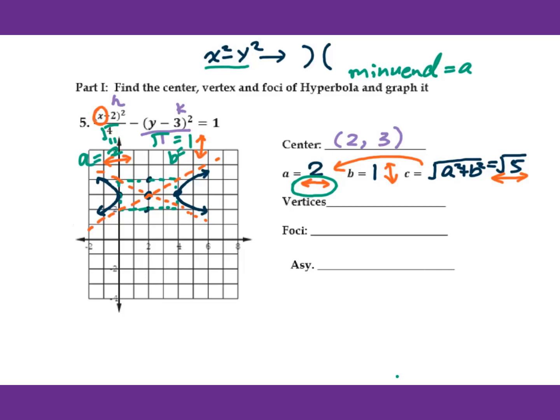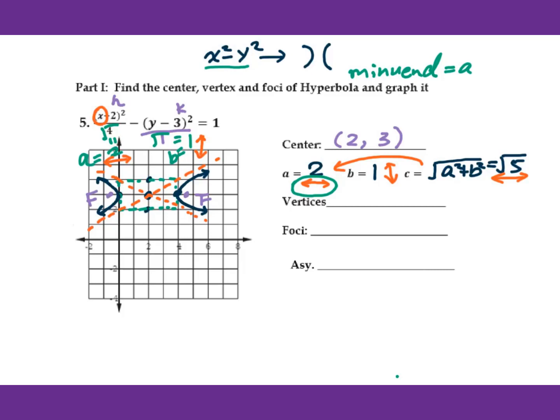For the focus, square root of 5 move to the right, square root of 5, left, square root of 5. Square root of 5 is 2 point something. Therefore, you get here, this is a F. This is F.